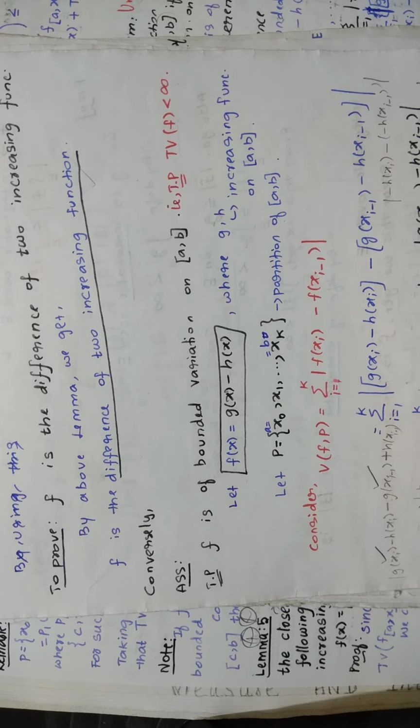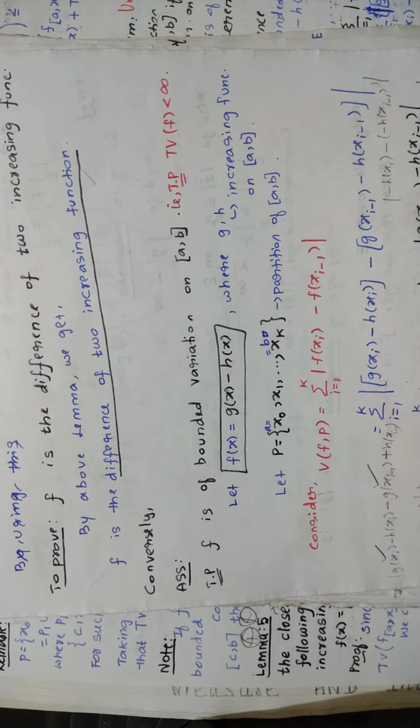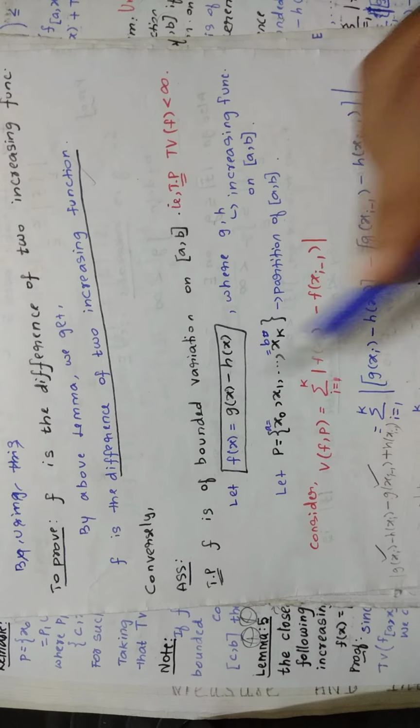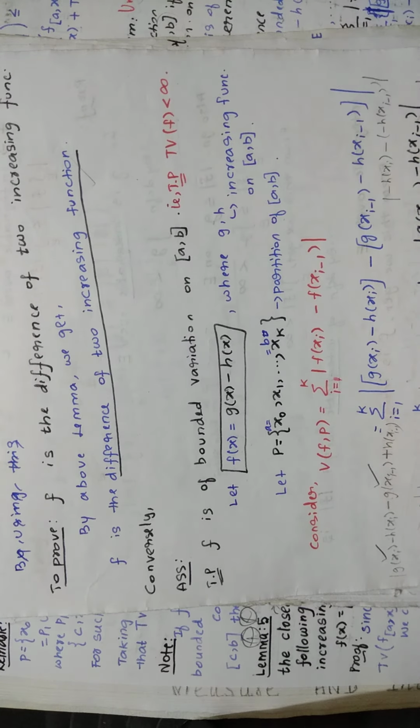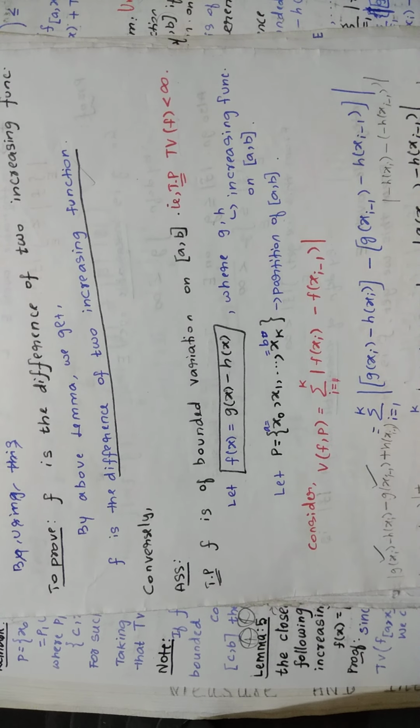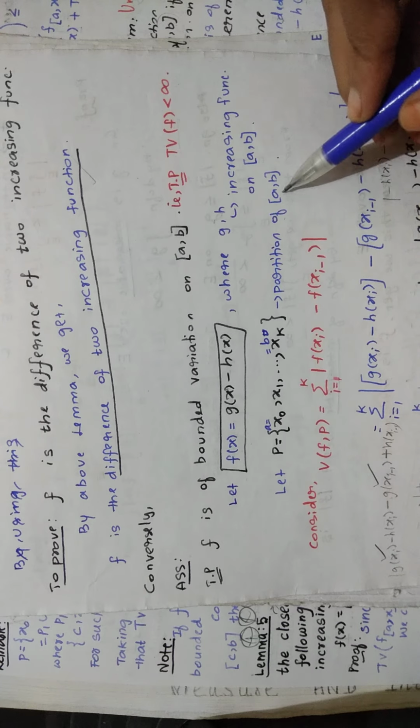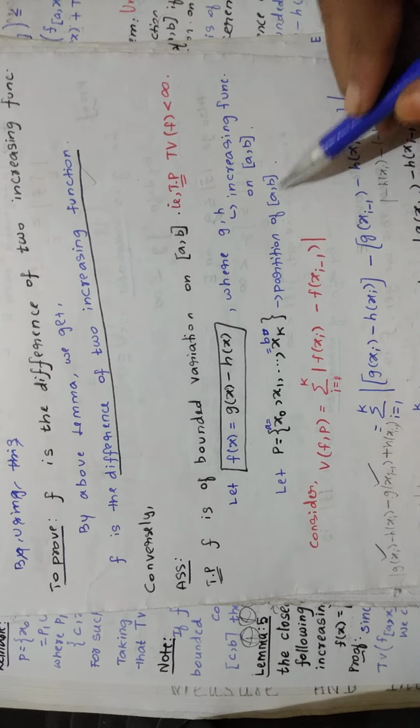Let f of x equal g of x minus h of x, where g and h are increasing functions on closed interval a comma b. This is how you take it to prove this part. Now you are going to partition this interval.